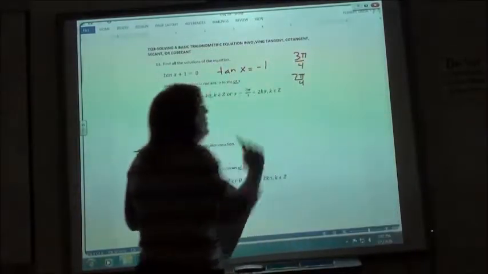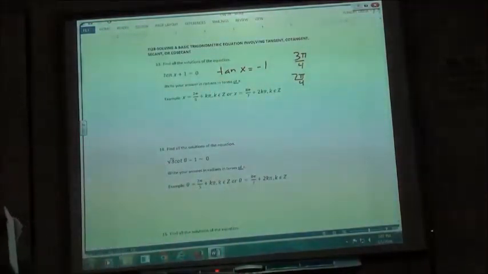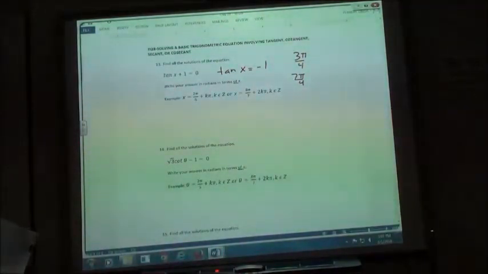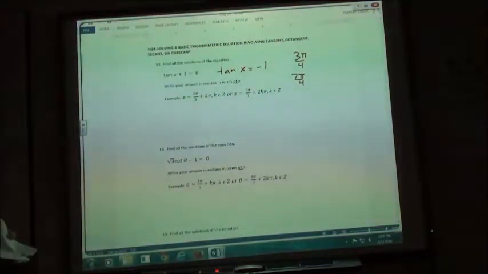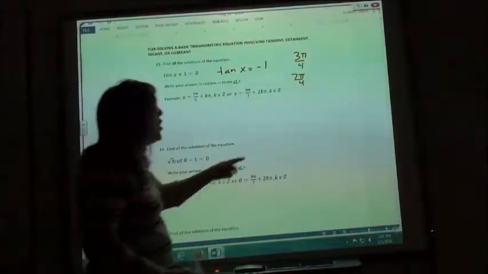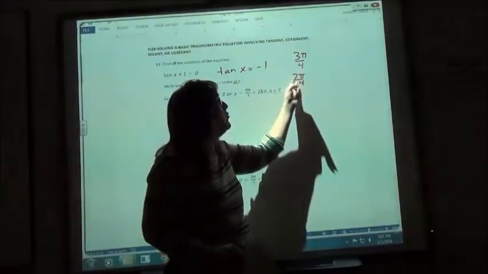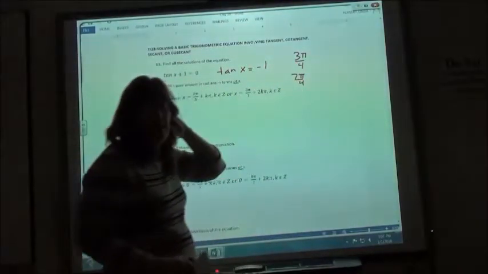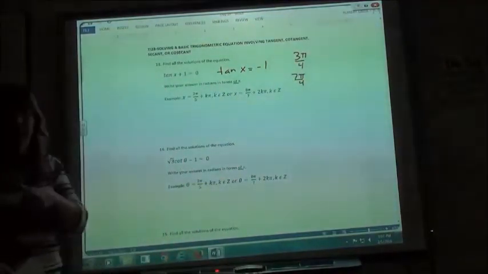Now notice that those are again 180 degrees apart from each other. 3 pi over 4 is 135 degrees, 7 pi over 4 is 315 degrees, but on tangent and cotangent, that's pretty much always going to happen, is that these are 180 degrees apart because its period is only pi and not 2 pi.